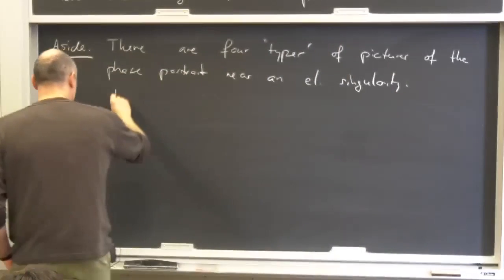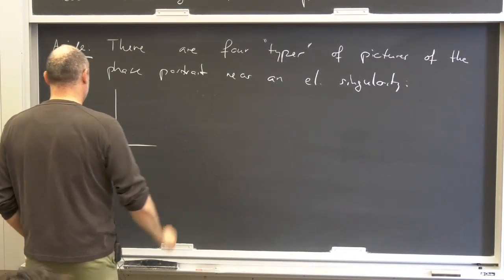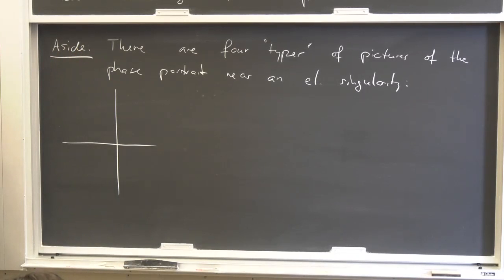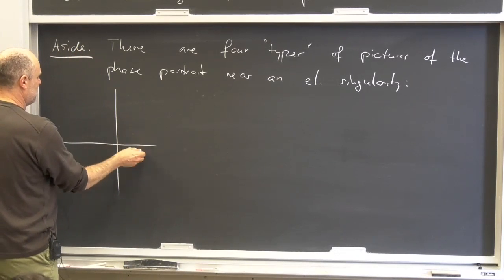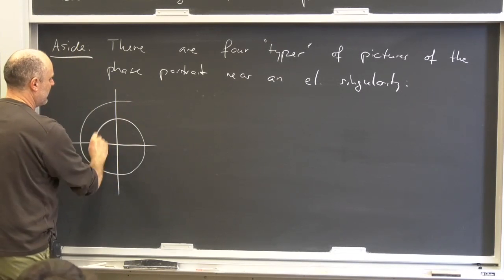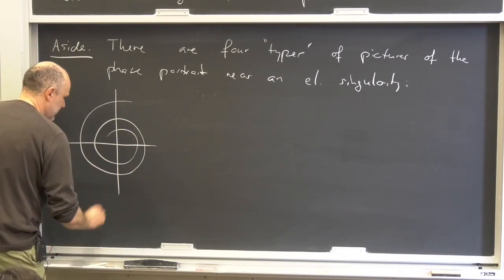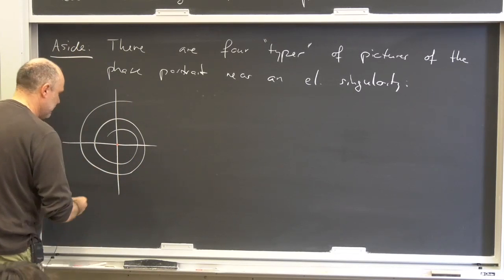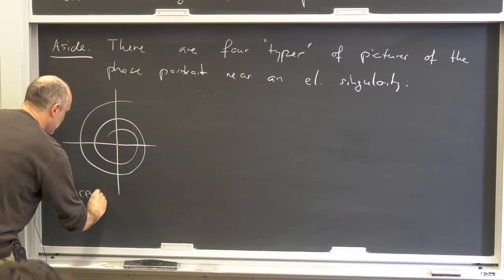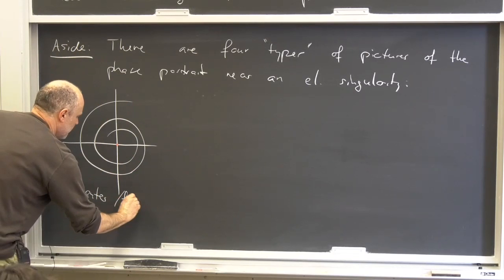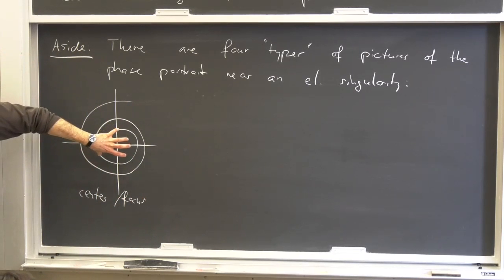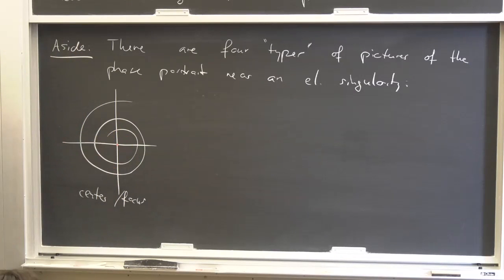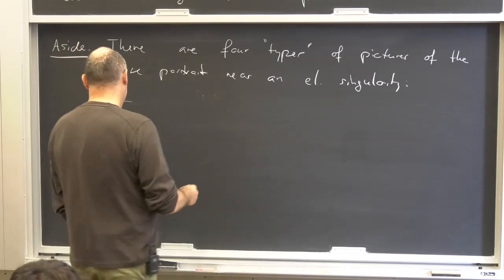So the 4 types are that you can have a center or a focus, something like this, where your singularity is. So a center would be where the leaves are all circles instead of being spirals.